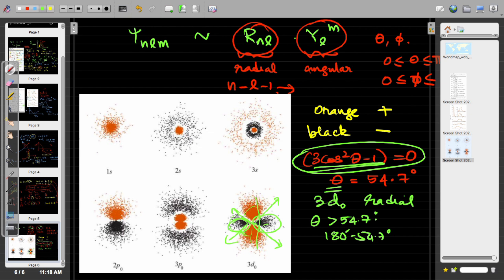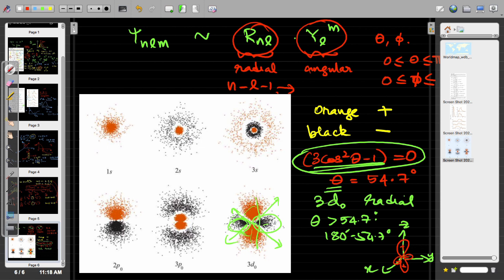So basically this is what you many times draw with x, y, and z axes as the dz square orbital, where you have a plus here and a minus in these lobes. So all the wave functions that we looked at give you an idea of what ends up happening.